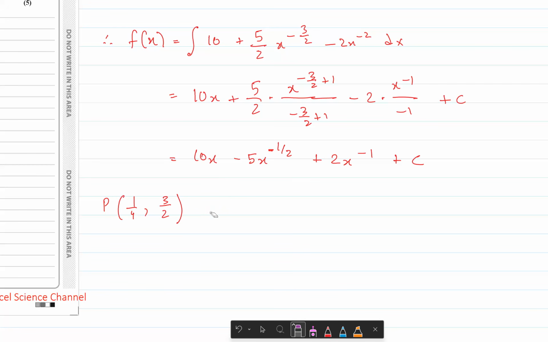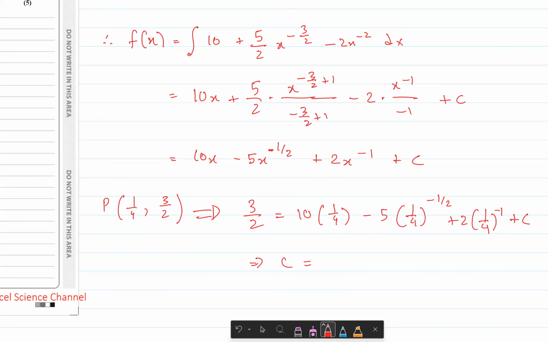If I plug this in, it will become 3 over 2 equals 10 times 1 over 4 minus 5, 1 over 4 to the power minus half, plus 2, 1 over 4 to the power minus 1, plus c. If you just put all this in your calculator, it will give you a value of 1.